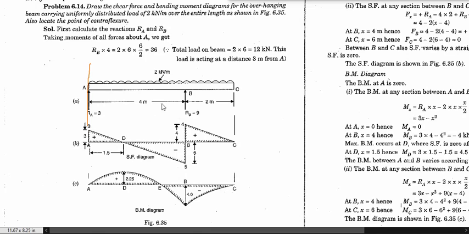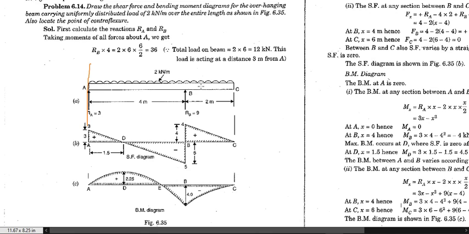So RB times this distance, and 2 times 6 divided by the distance, that will be 3 meter that way, and equated, that will be 36, and then we can get the value of RB, and the RB here will be 9 kilonewton.